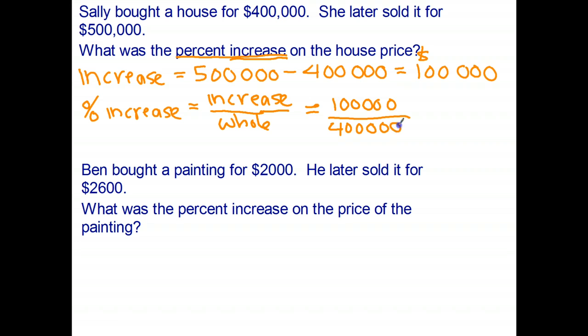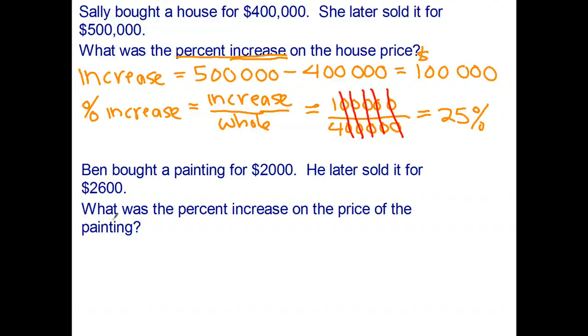We can simplify by knocking off some zeros, and we end up with just a quarter. And of course, a quarter is 25%. So the increase in this case was 25%. Okay, stop the video now, please, and have a go at the second question on your own. And having done that, then restart the video and check your answer.